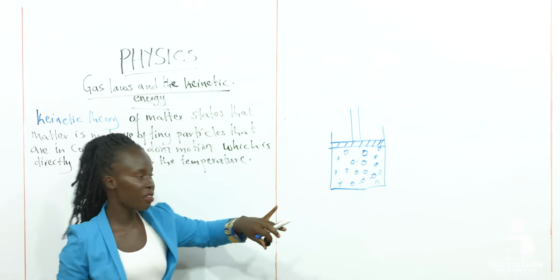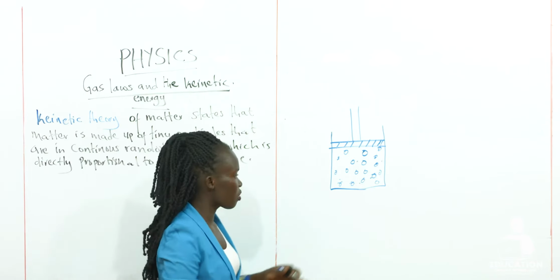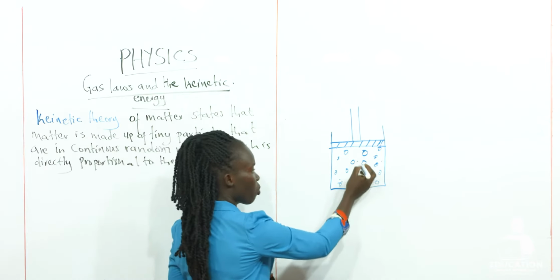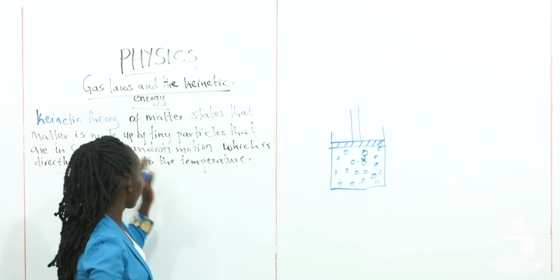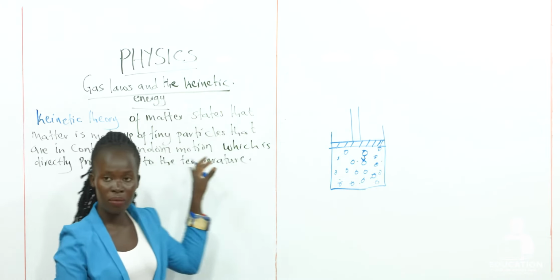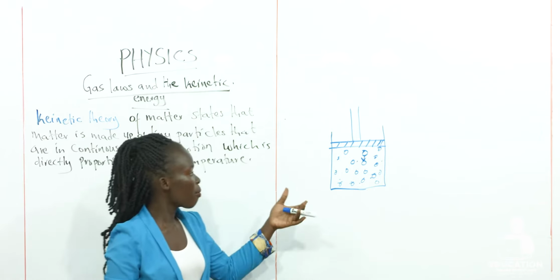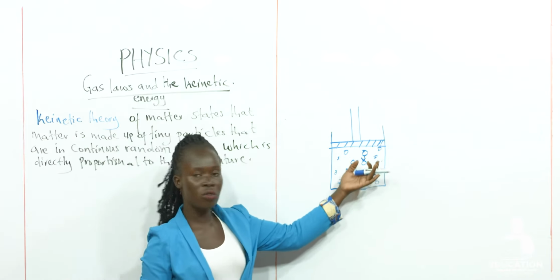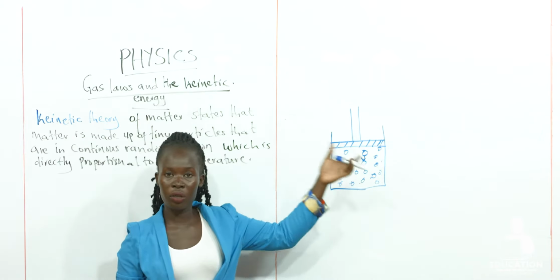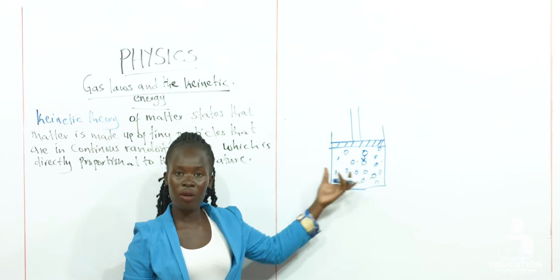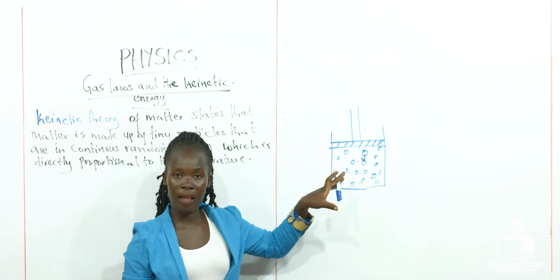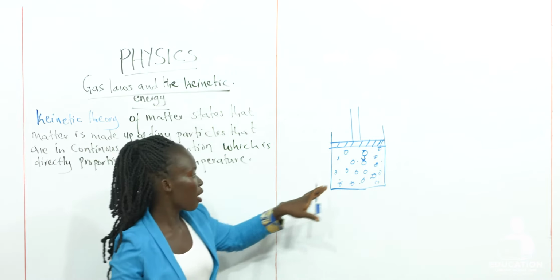What happens is that these molecules collide with one another, since the kinetic theory says that they are in constant random motion. And remember, if they're in constant random motion, it's not like there is only one molecule of the gas in the container. There are so many molecules that make up the matter.